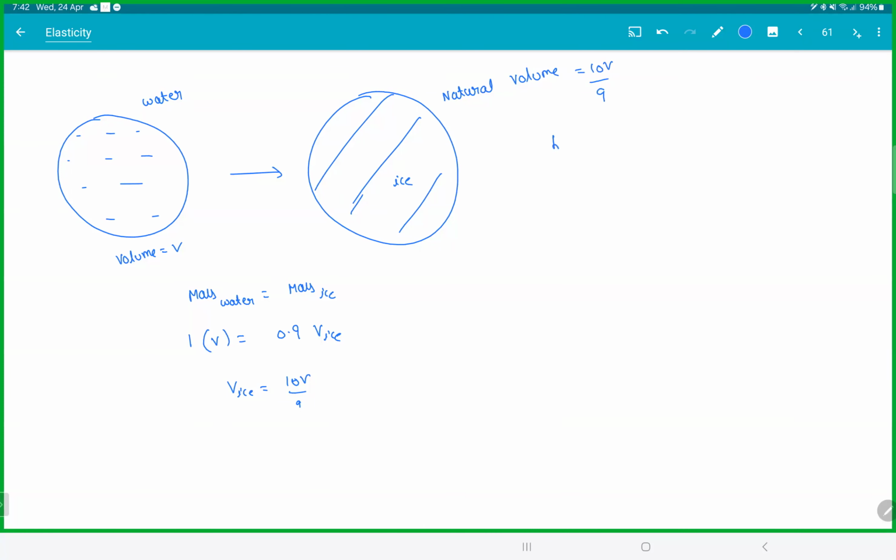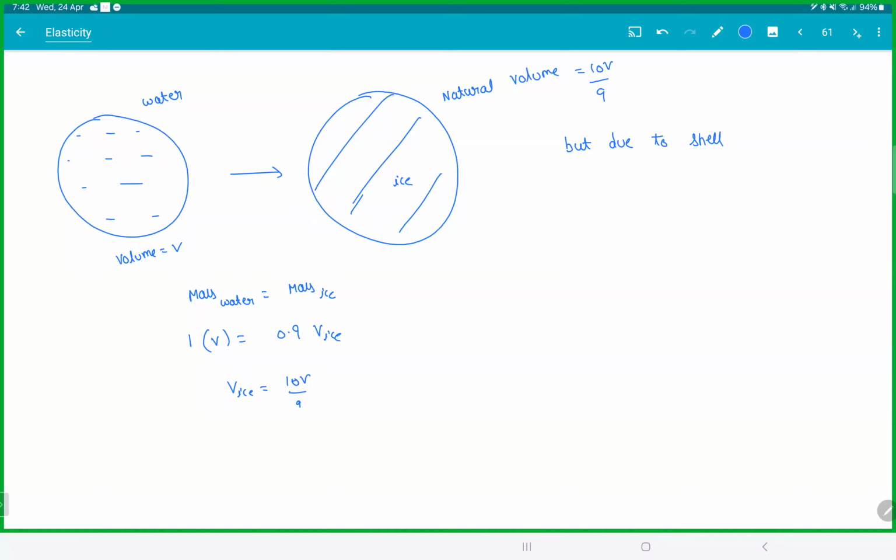But due to the shell, it didn't expand. It is just like that rod example. Remember that rod? What is natural volume? If the shell was not there, what would it have been? You would have been 10V by 9, right? Getting it?